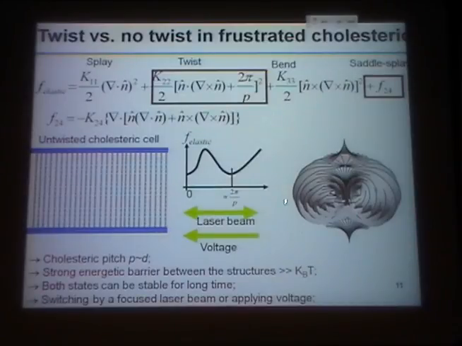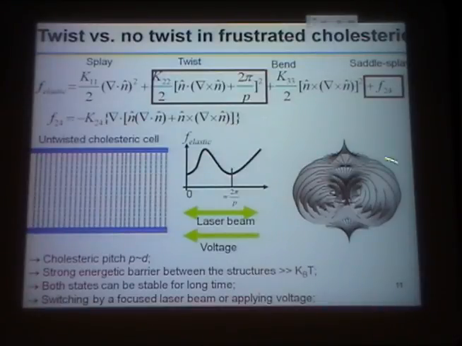So for the twisted configuration, obviously twist and saddle splay terms are minimized, while for the uniform structure, the splay and bend terms are minimized because there are no splay and bend distortions.